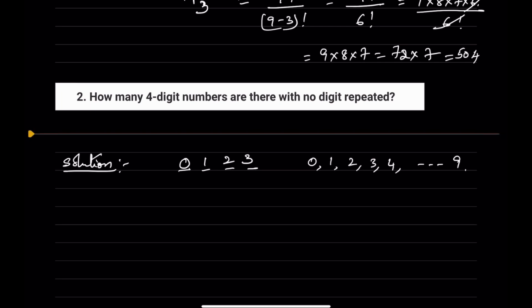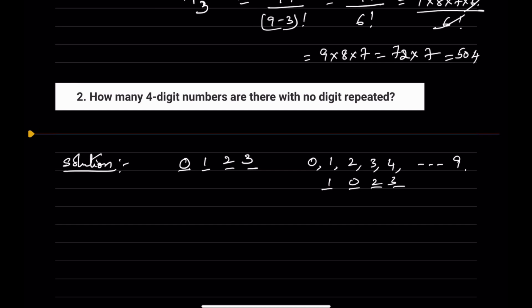It can come in the next place, because a 4-digit number can be formed in this way: 1 0 2 3, you can have 1000. So it's a 4-digit number. So only in the first place you should not have 0.